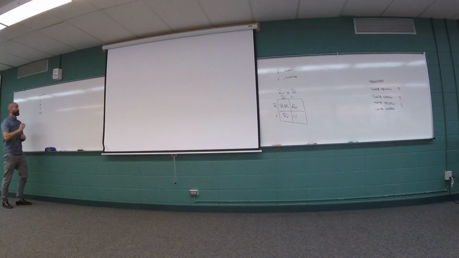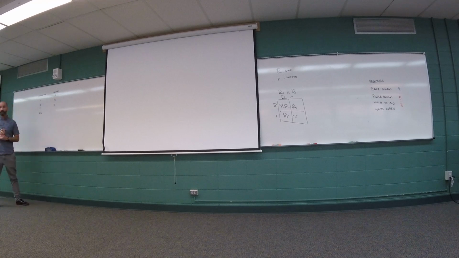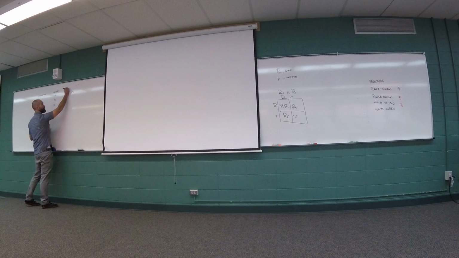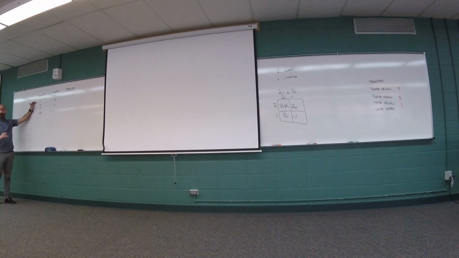The alleles are A, B, and O. The question is, what are the genotypes associated with each of these phenotypes? How do you get A-type blood?